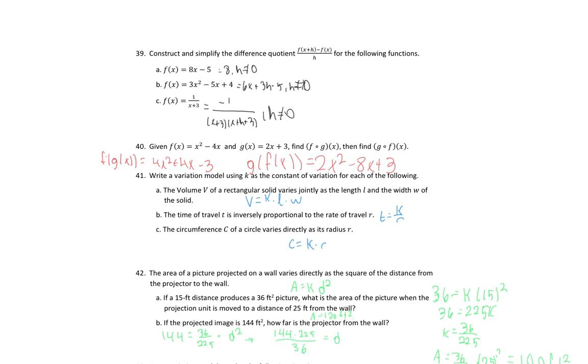It's going to give us our distance squared, and I believe this is going to be 900. Plugging in my calculator equals d squared. Square root of 900 is 30, and that is our distance. So it's going to be 30 feet from the wall.